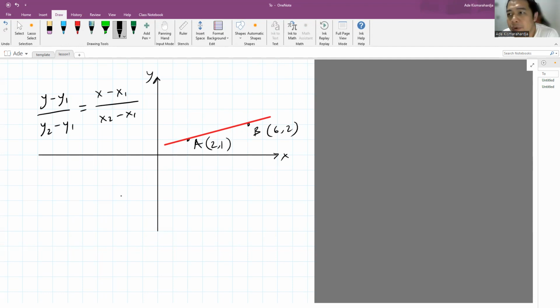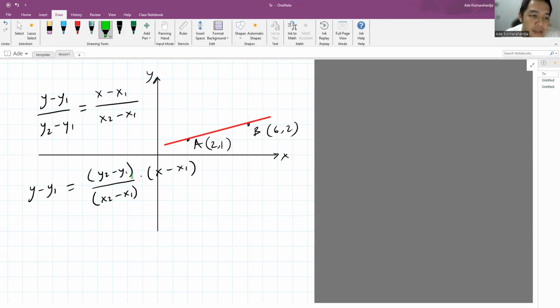There are many forms of this formula. For example, if you bring y2 minus y1 to the right hand side, we get y minus y1 equals y2 minus y1 divided by x2 minus x1, times x minus x1.